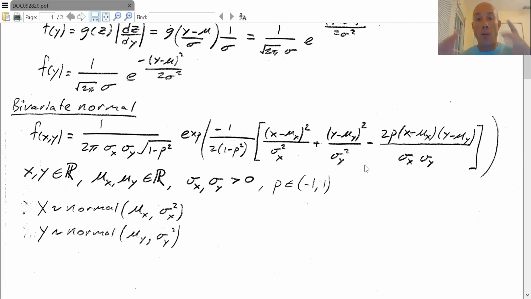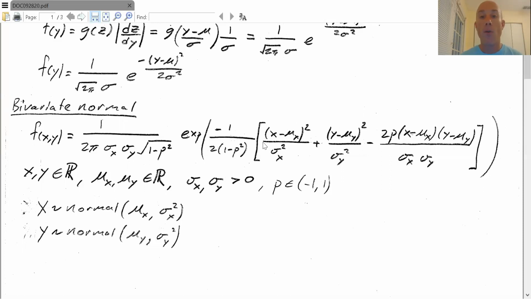I'm going to work on this part of it only. I want to manipulate this into a format so that I can get the density of y by itself, and everything involving an x is factored out. That's my goal. So I want to find the kernel of the density of y, treating x as a constant known value.